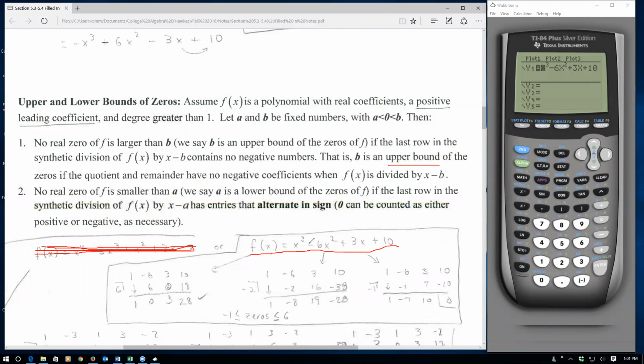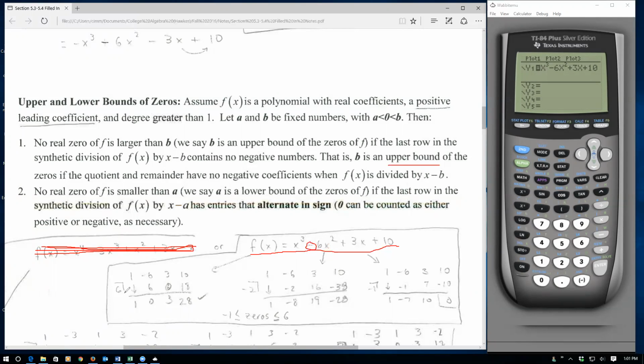So here's the negative that we need to think about getting rid of. I told you this theorem was sort of an art, but really, with an upper bound where we don't want alternation in signs, all we want is to make sure that negative is gone. If that negative's gone, then these will still be positive.